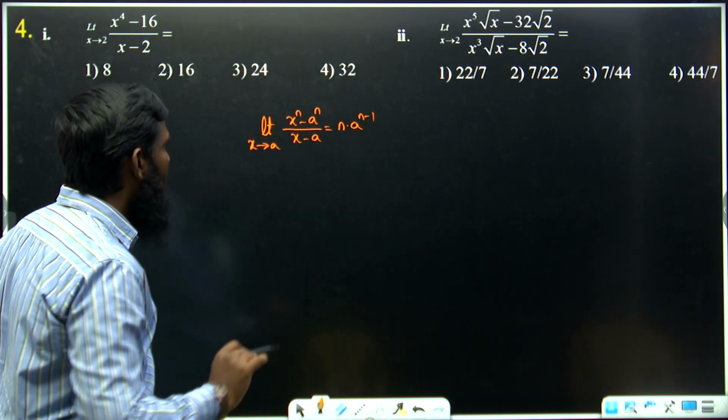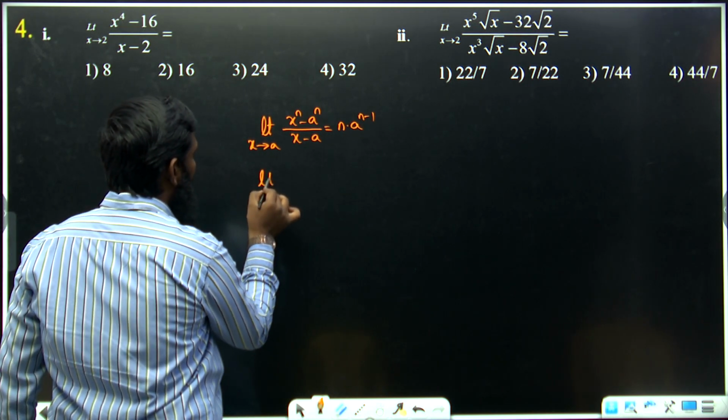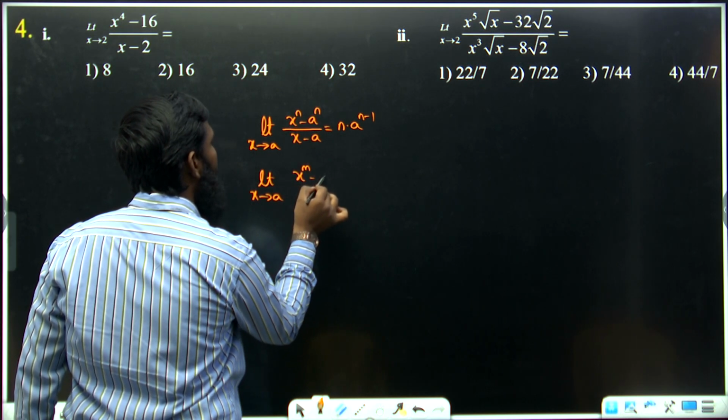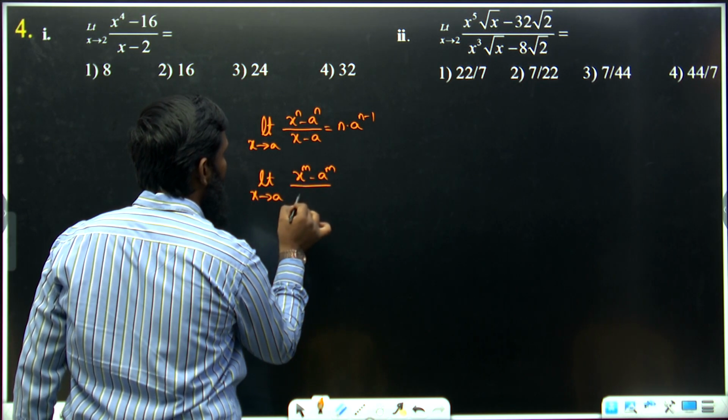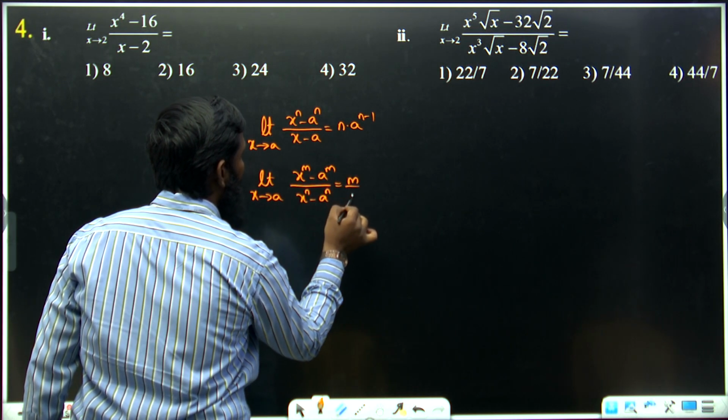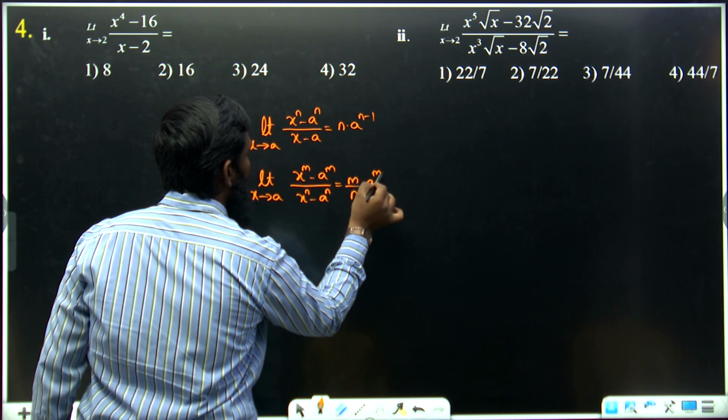Now similarly, one more formula: limit x tends to a, (x power m minus a power m) divided by (x power n minus a power n) is equal to m by n into a power m minus n.